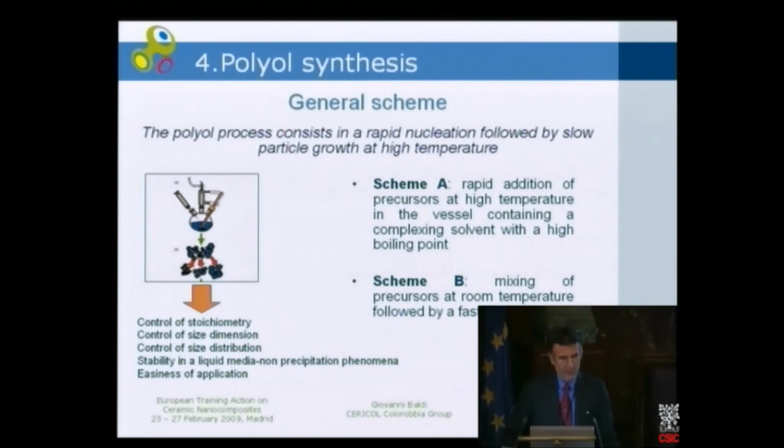Normally, we obtain monodispersed nano suspensions. And we can avoid settling and precipitation phenomena. This is very important in an industrial scale approach. Then this leads to an easiness of application.